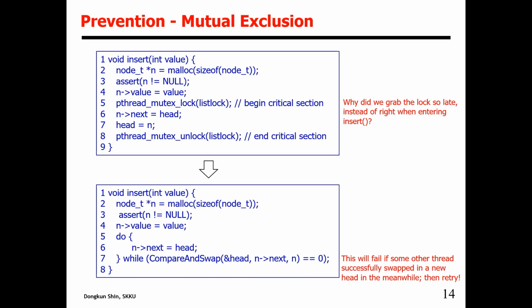So using compare and swap, we can change this code like this. In the first code, it first allocates memory pointed to by n, and it updates the value, and using lock and unlock, it implements the critical section. Here it changes the head location.